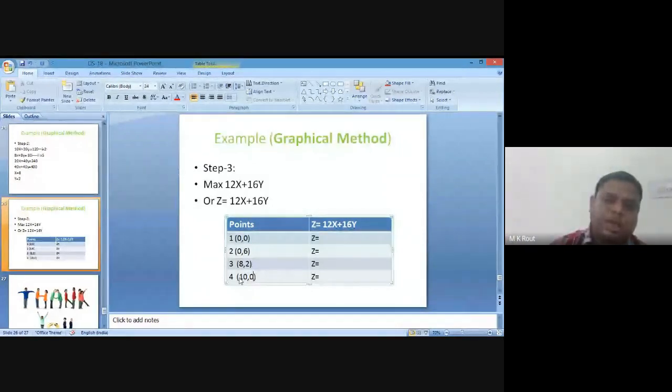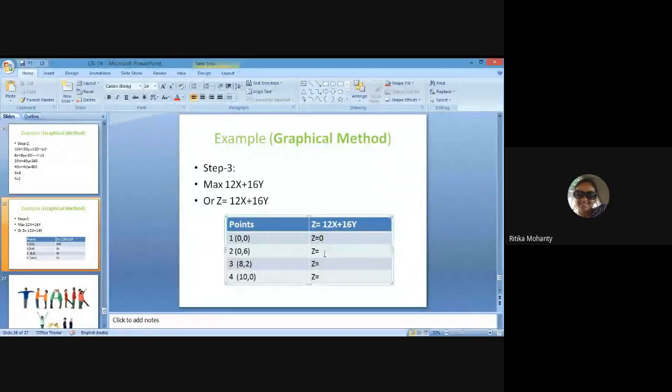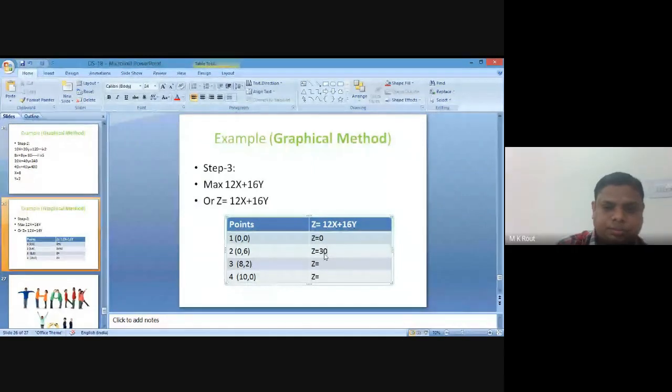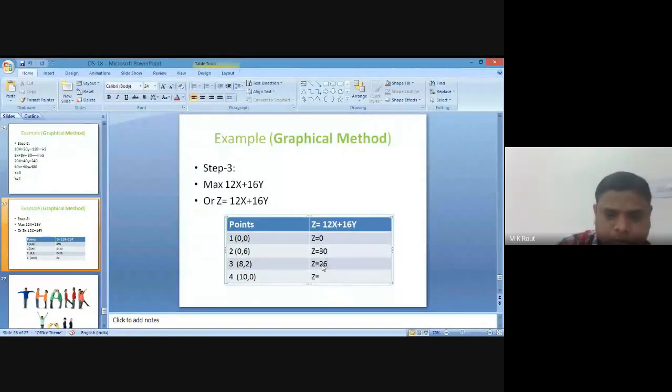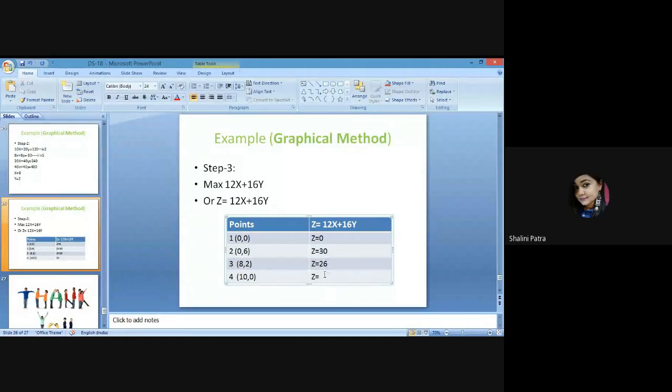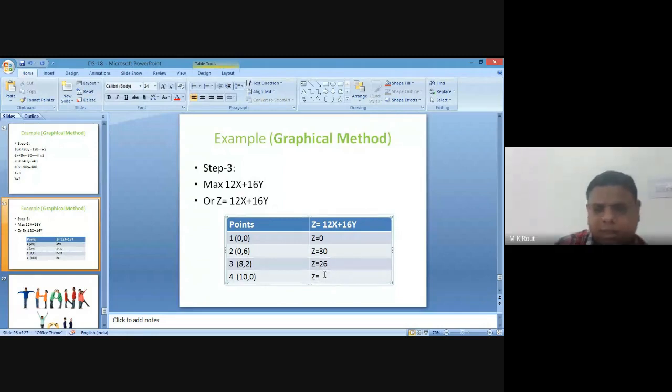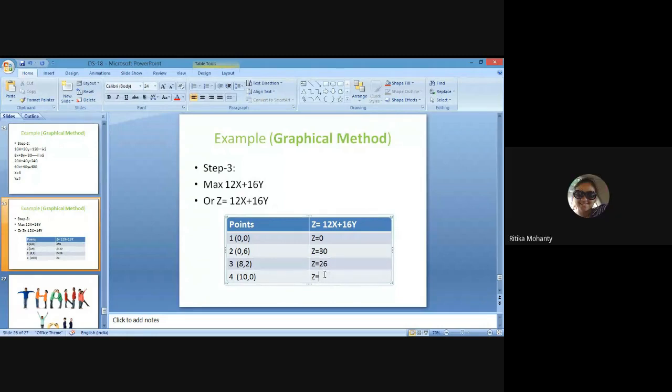So here you calculate the values. Start from 0. Value at (0, 0) is 0, then 30, 96, and the last one is 120.